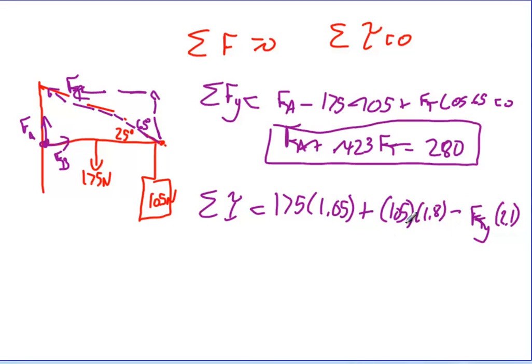So now I have 175 times 1.05, which is 183.75, plus 105 times 1.8, which is 189, equals, and TY, again, it's the same side as we had before, so 0.423 TY, or just T, I guess, FT, times 2.1.